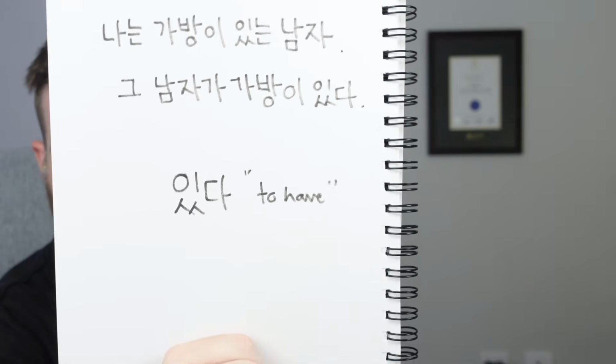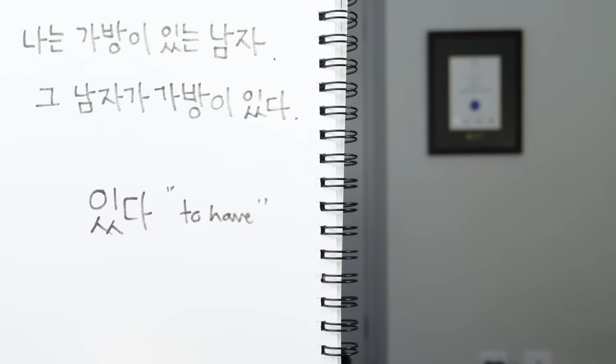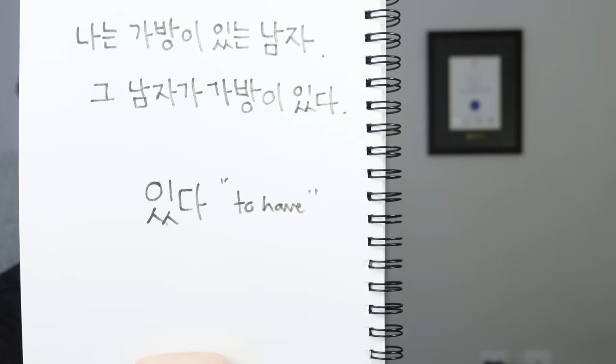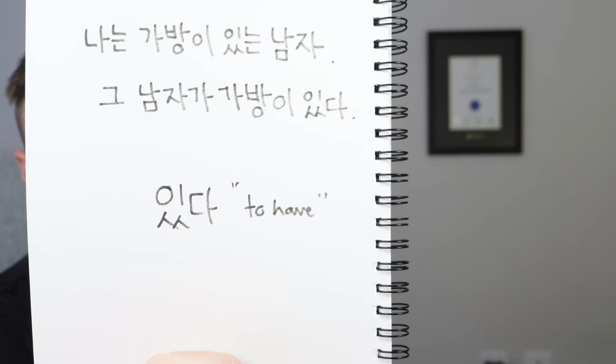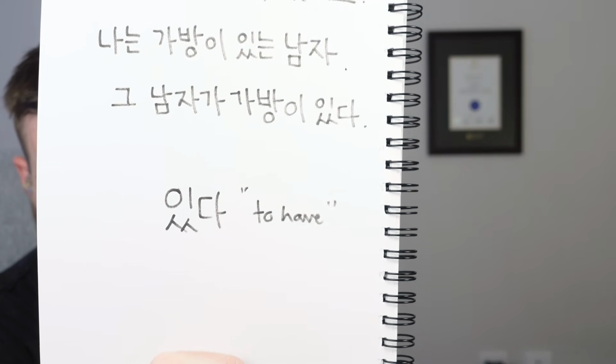You know? In terms of verb conjugation as well, in English, this is most equivalent to to have. 있다. And then you've got things like 있어. So this is like level 1, level 2, level 3.